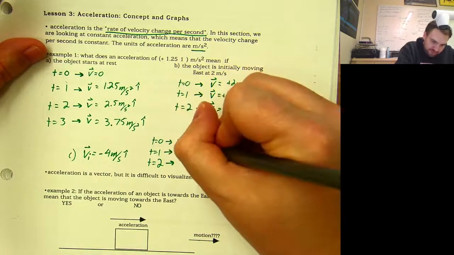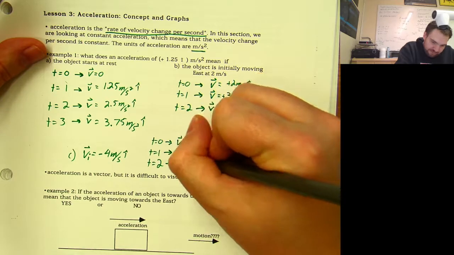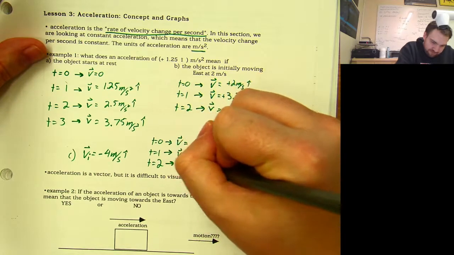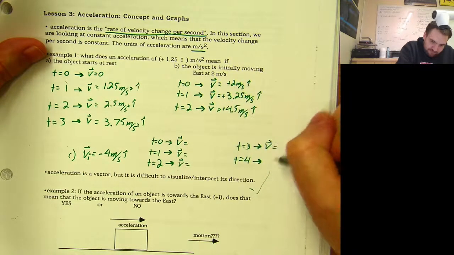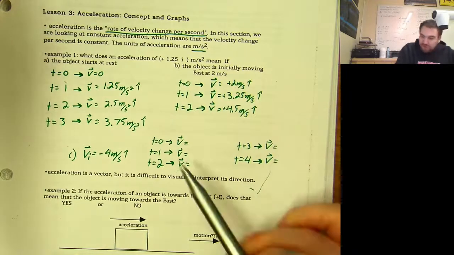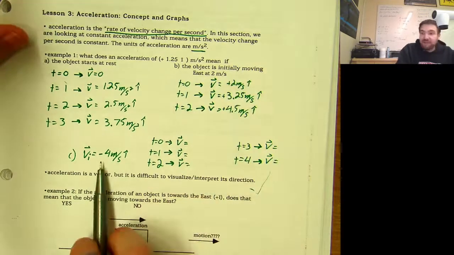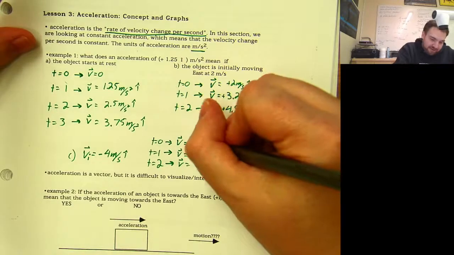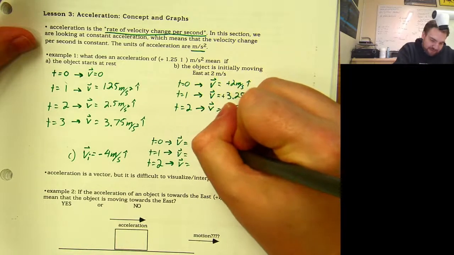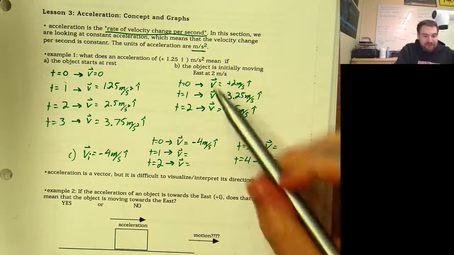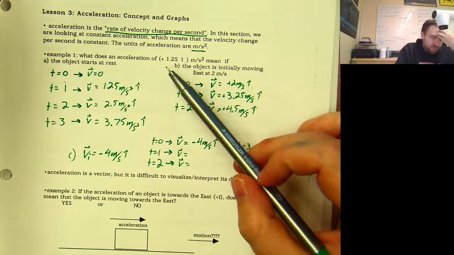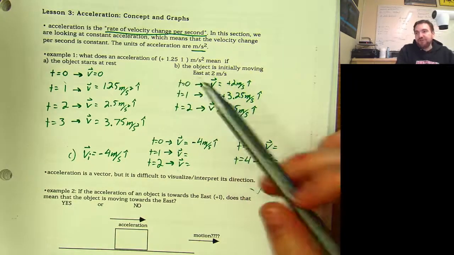So I've got v at these different times. At time t equals 0 with an initial velocity of 4 meters per second, I've got negative 4 meters per second i hat. And I have a positive acceleration. So my velocity is going to start to get more positive.